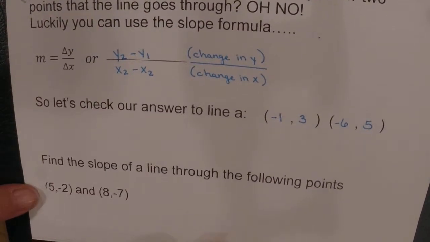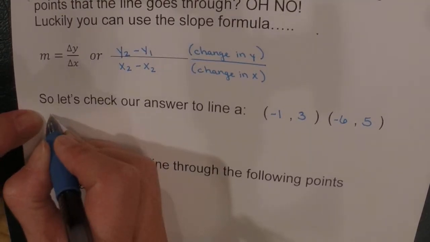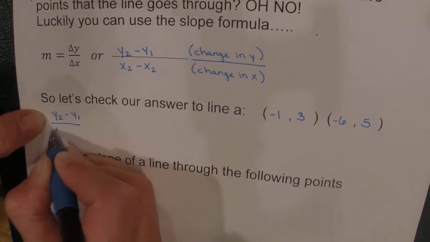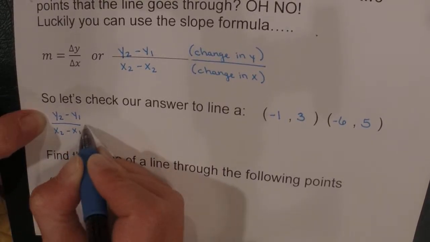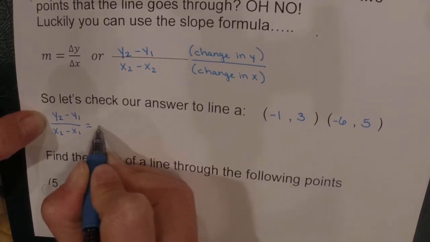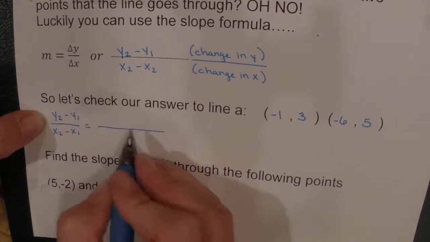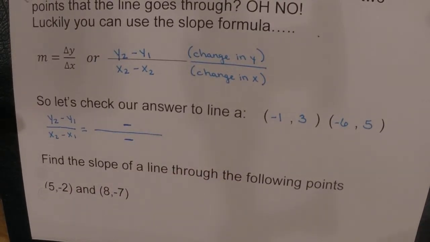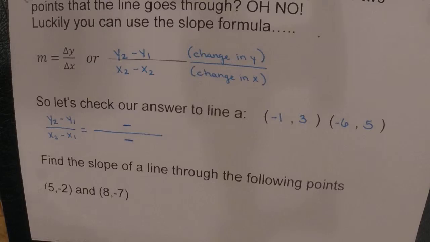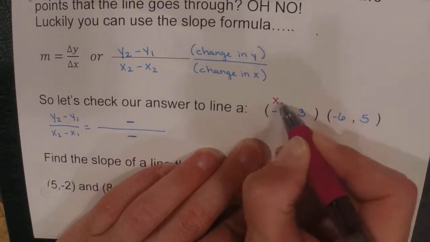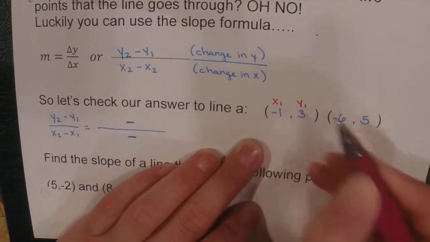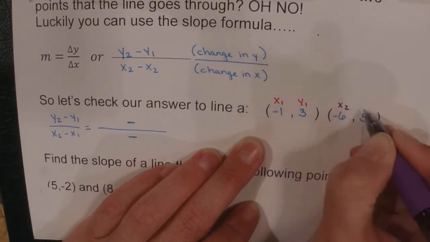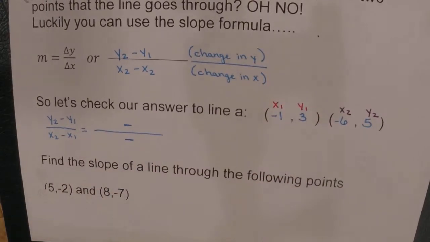So let's try it using the formula. We said this is y2 minus y1 over x2 minus x1. So I want you to set it up first. Put a division bar, and then in the middle, I want you to put your two subtraction signs. And then we're going to label this x1, y1, and we're going to label this one x2, y2.